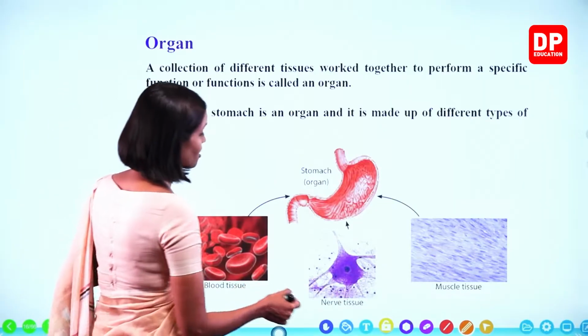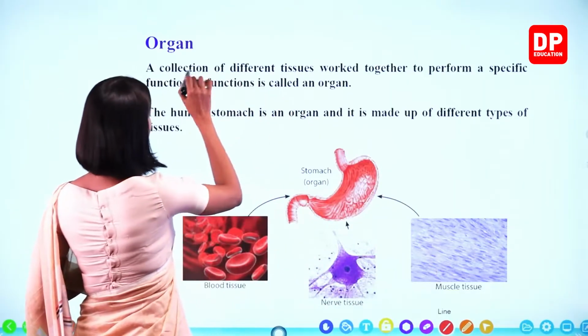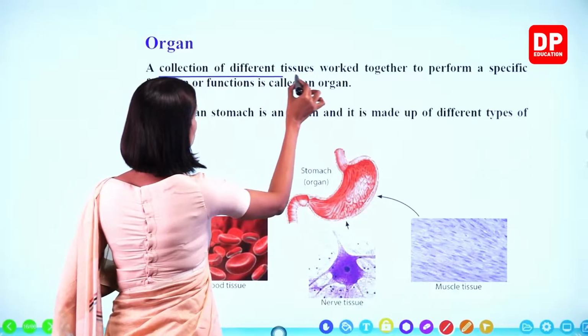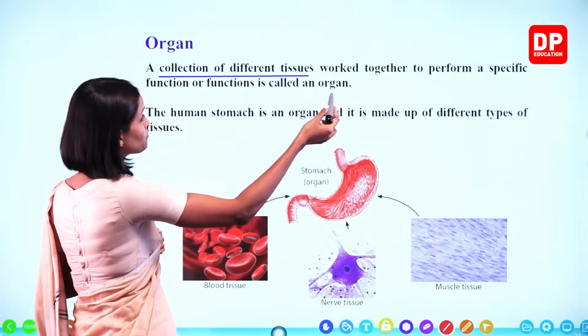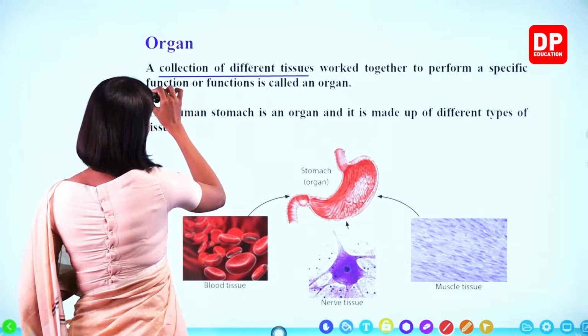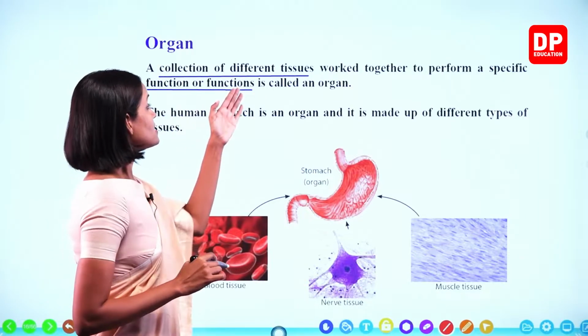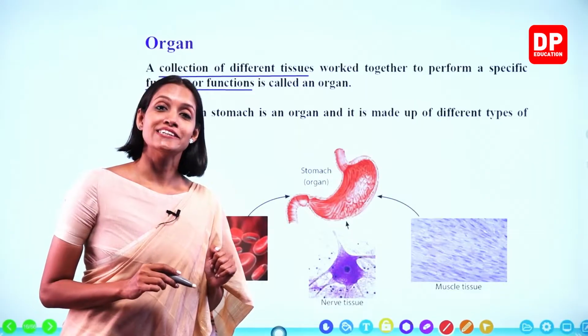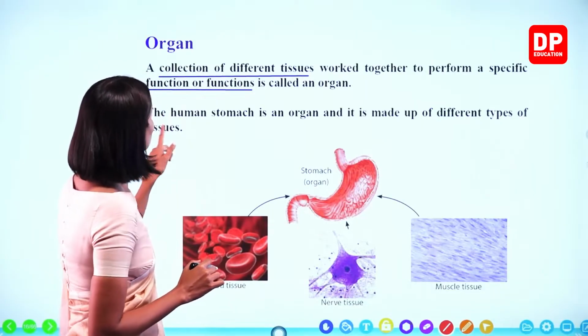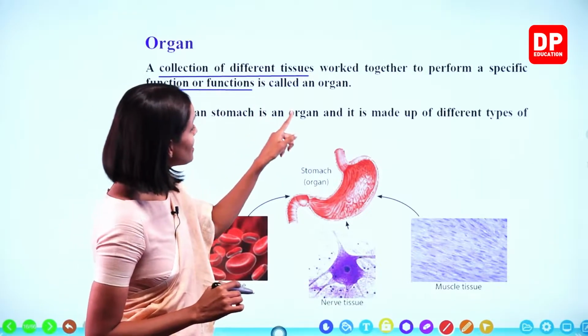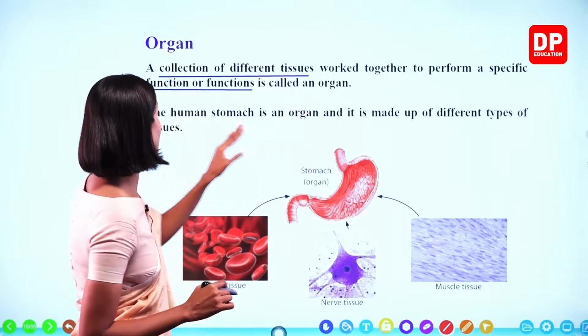A collection of different tissues that work together to perform a specific function or functions is called an organ, right, children? So the human stomach is an organ and it is made up of different types of tissues.